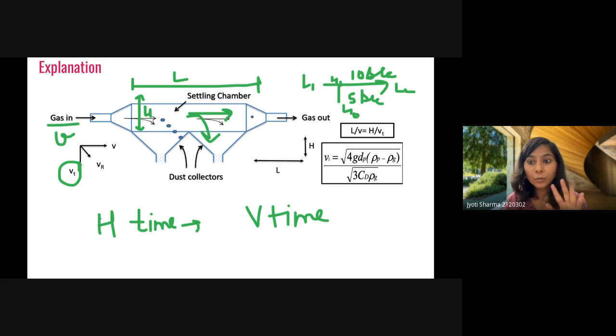It means to deposit any particulate matter, this vertical time should be less. Otherwise, what will happen if it takes more time, let's say 15 seconds? Then the gas with the particulate matter will go out, and that will not be deposited. So for deposition, the vertical time should be lower than the horizontal time.